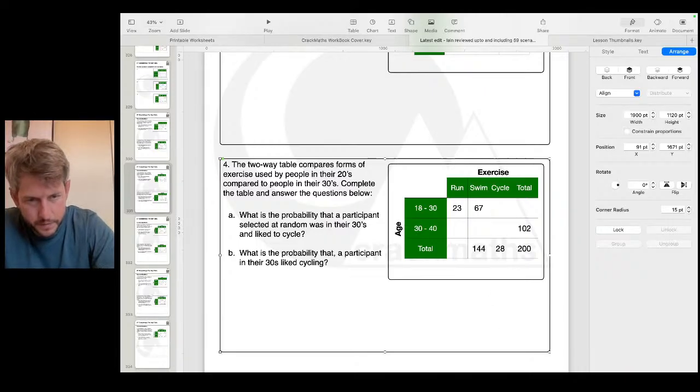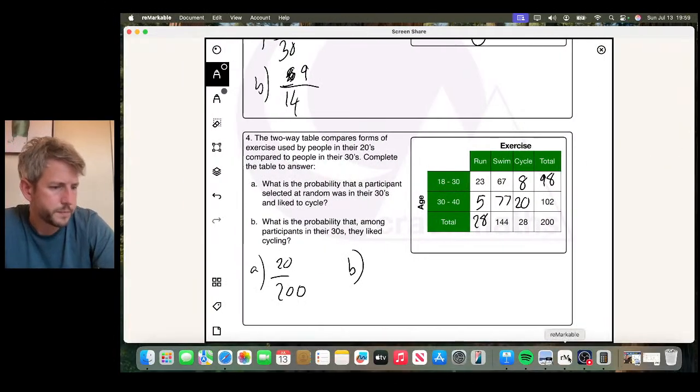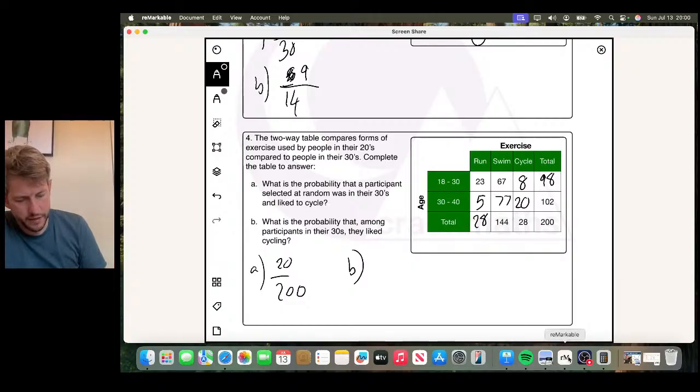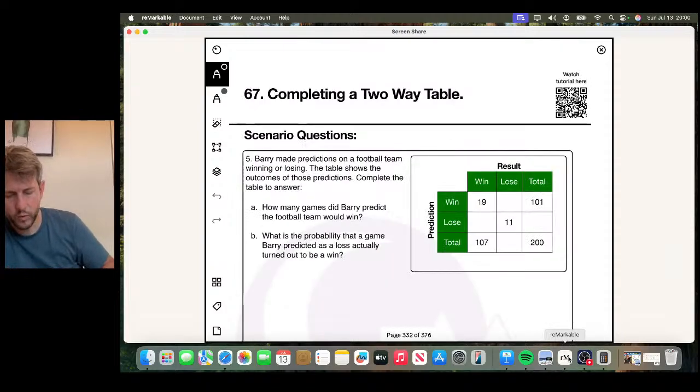Yeah, perfect. That's much better. So here we go. A participant in their 30s that liked cycling. So it's out of 102 and it's 20 as well.